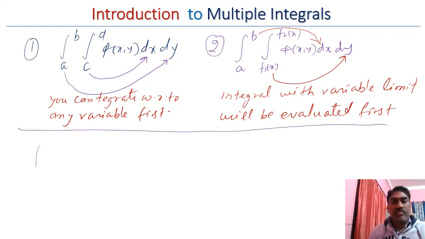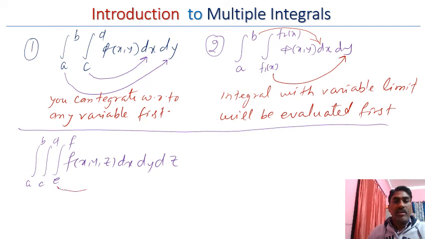So if we have three integrals with limits a, b, c, d, e, f, and a function, this is called a triple integral. Because all the limits are constant, the limits will follow the order. The interior limit stands for x, the middle limit stands for y, and the outer limit stands for z.